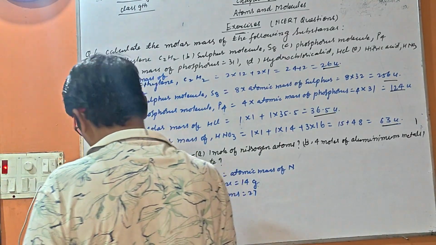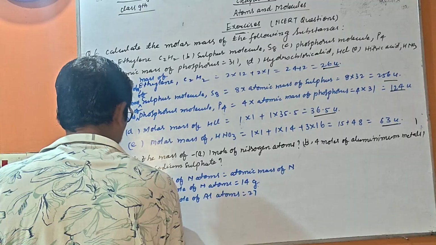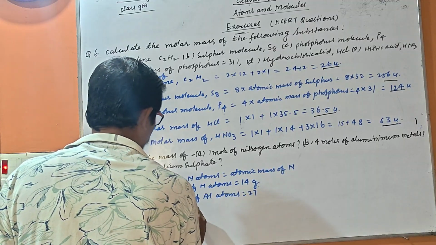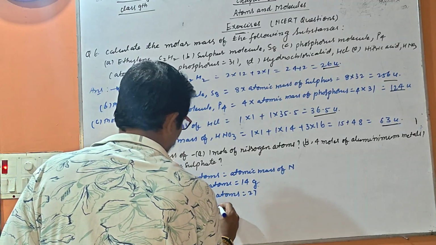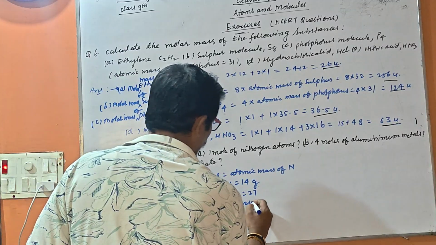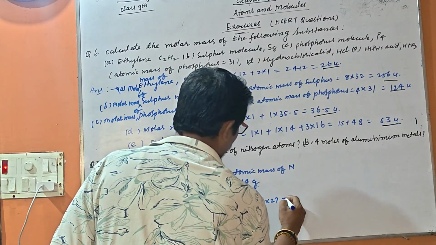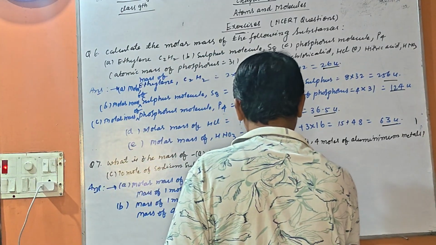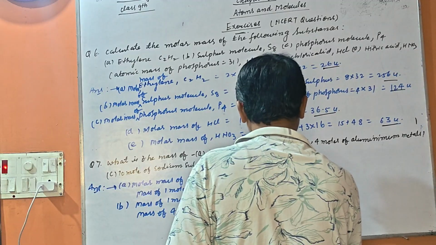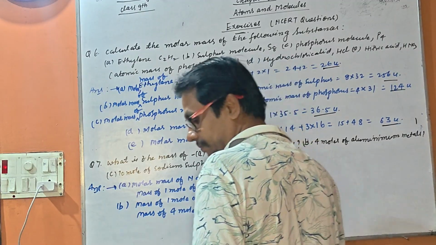So mass of 4 moles of Al atoms is 4 into 27, which is equal to 108 grams.